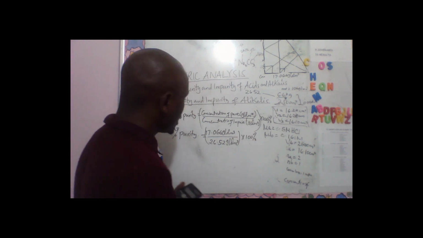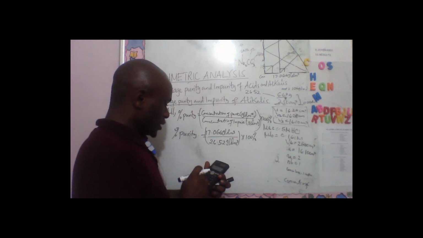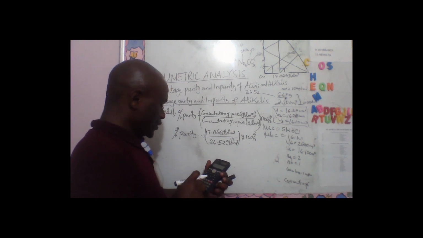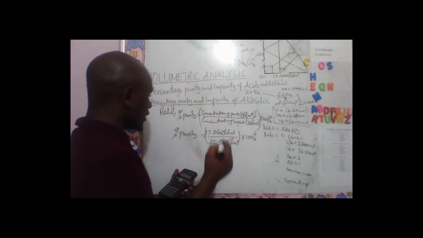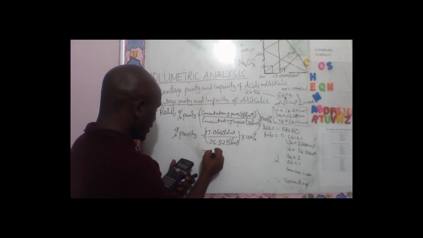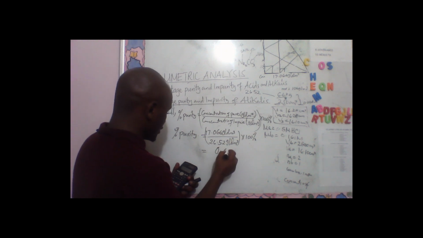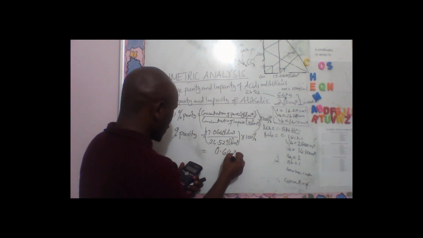So let us see how it is. 17.066 divided by 26.52 becomes 0.6435.